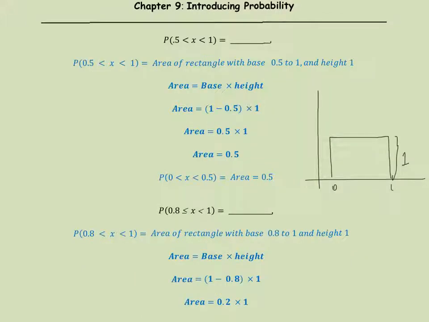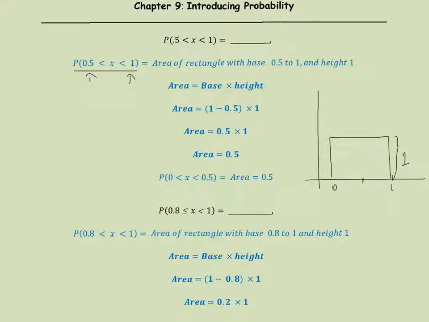Now the next question is, find the probability that a randomly chosen number x lies between 0.5 and 1. So in a continuous probability model like the one we are looking at, the probability of any event is the corresponding area under the probability density curve. So let's look at the area that corresponds to picking a number between 0.5 and 1.